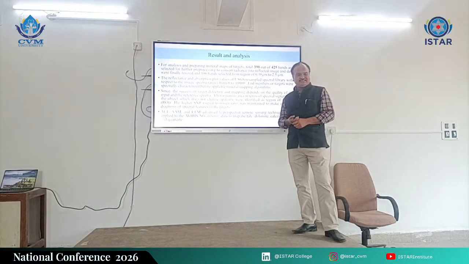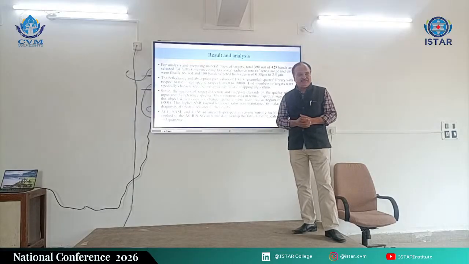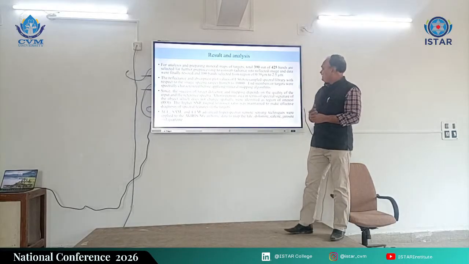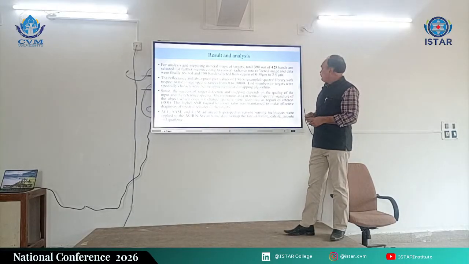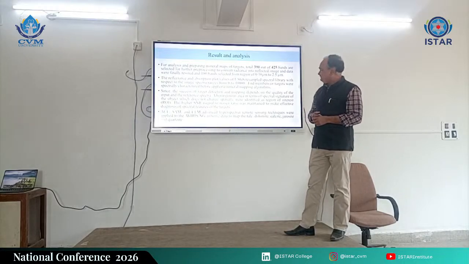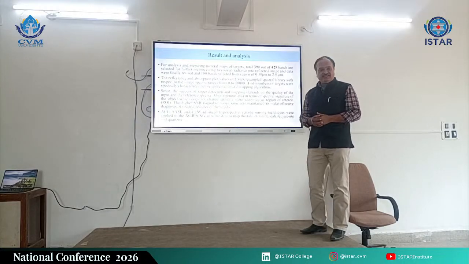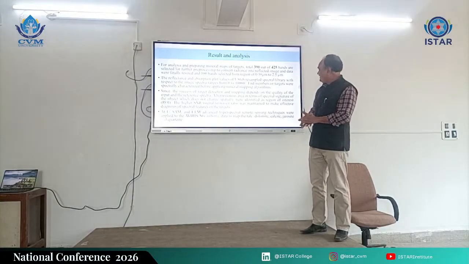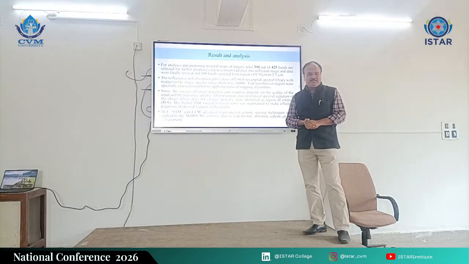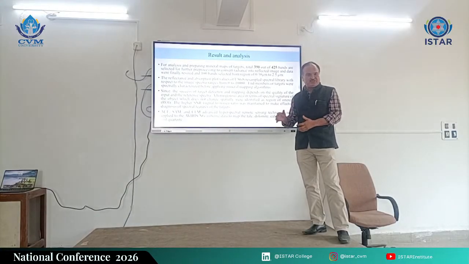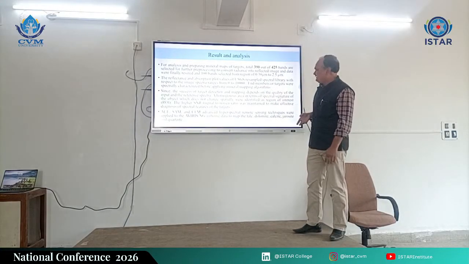For analysis and mineral maps, a total of 390 out of 425 bands are selected, which lie in the region of 0.38 micrometer to 2.5 micrometer, which covers the VNIR and SWIR, that is the short wave infrared region.